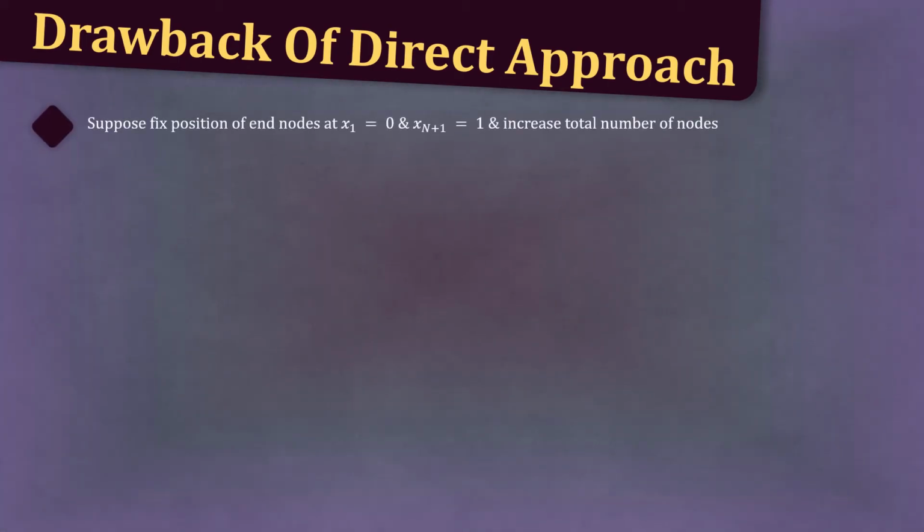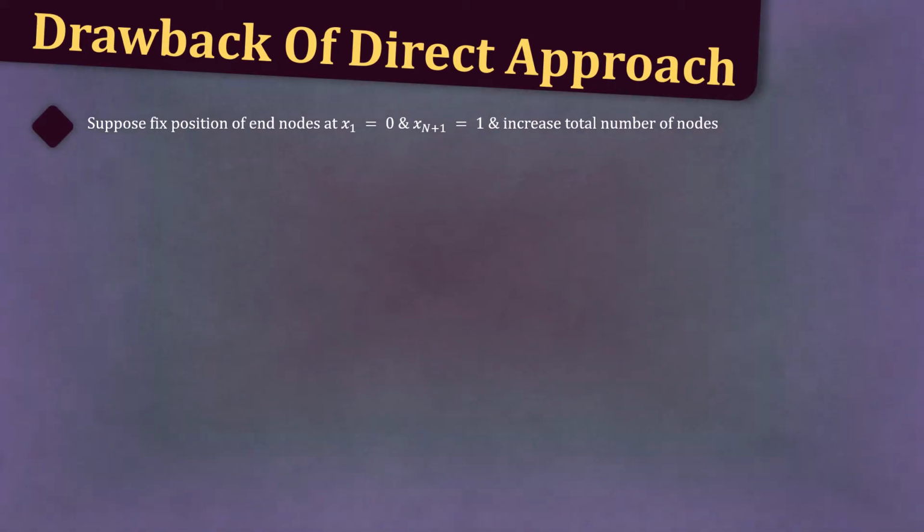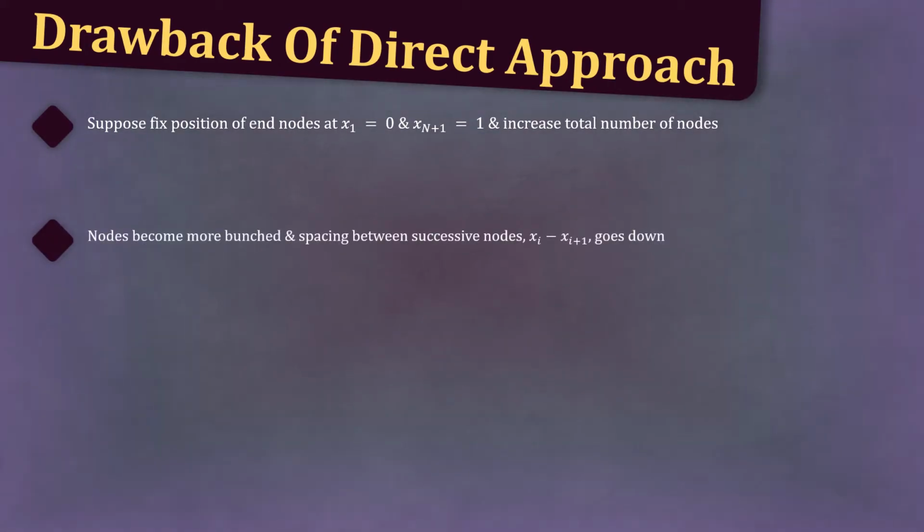Then, let's discuss the drawbacks of using the direct approach. Suppose we fix the positions of the end nodes at x1 = 0 and x_(n+1) = 1, and then increase the total number of nodes. When we do this, the nodes become more bunched, and the spacing between successive nodes, xi minus x_(i+1), goes down.